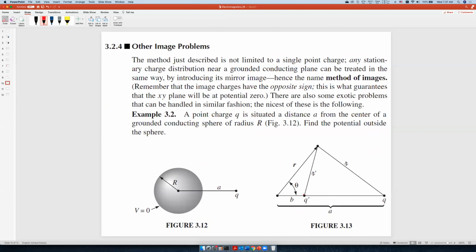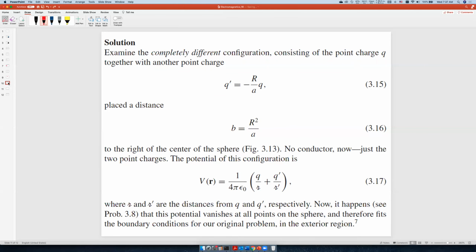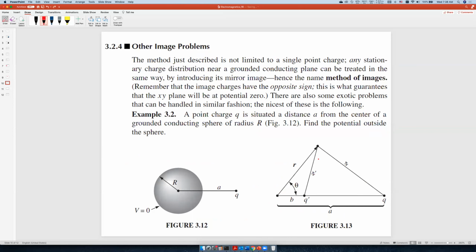And here is the situation. Now, remove this conductor. Instead, put another charge Q prime at a distance of b. The magnitude of Q prime and the magnitude of b can be calculated using these two equations, and then you should have the same electrostatic distribution, or let's say electrostatic potential, field lines, and forces everywhere outside the surface region.